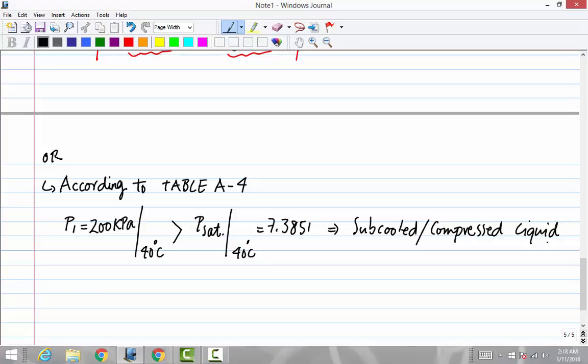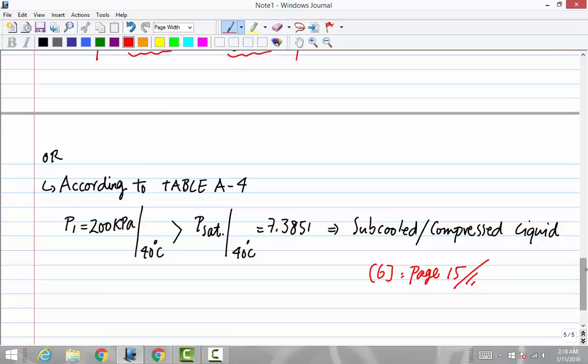Great. You can take a look at this. What is it? Tell me. Lecture number 6, page 15. Yeah, it talks about compressed liquid.